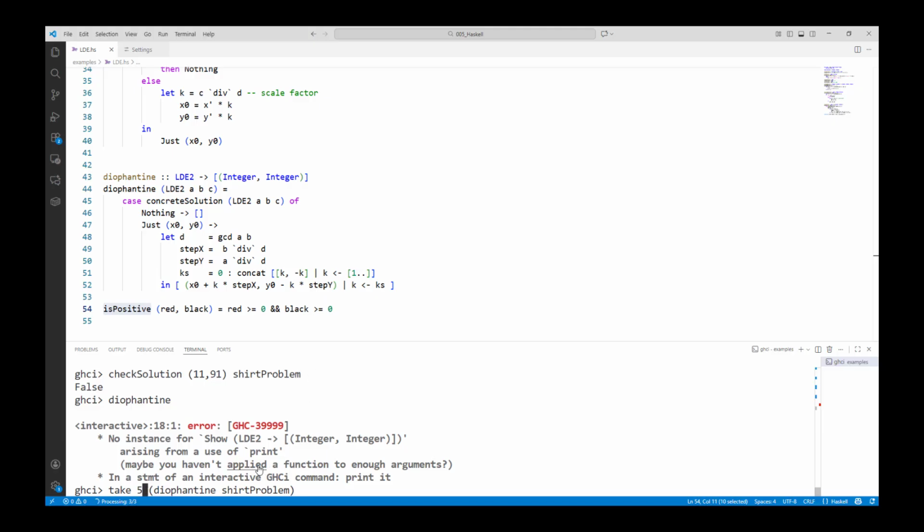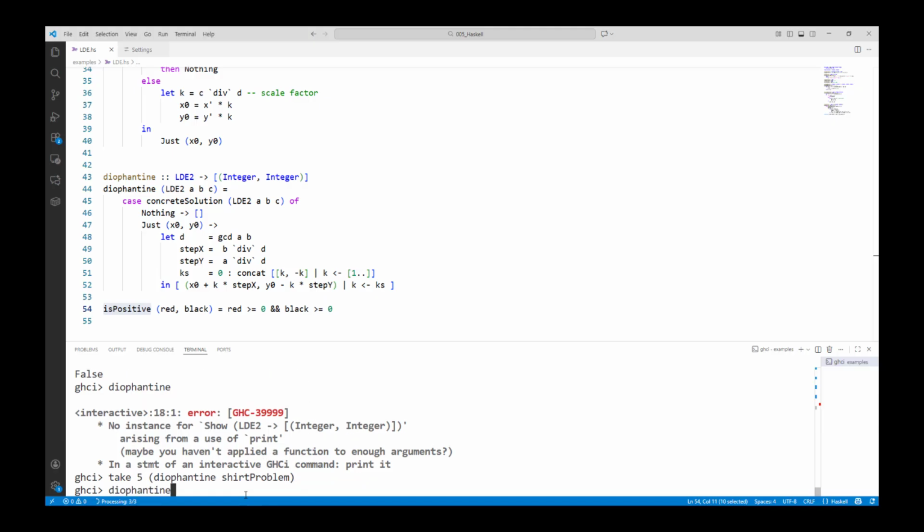Not sure why my computer is reloading like this. Processing stuff shouldn't be happening, but sometimes it happens. Okay, anyway, this is what we did.